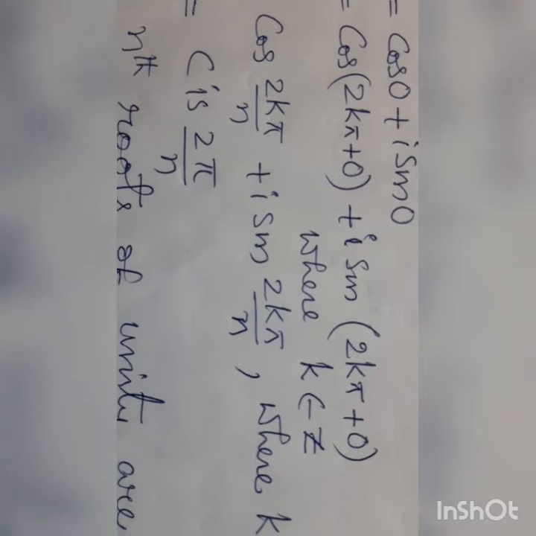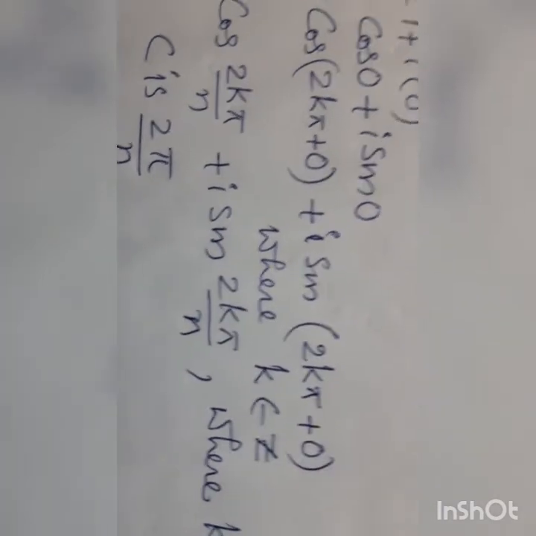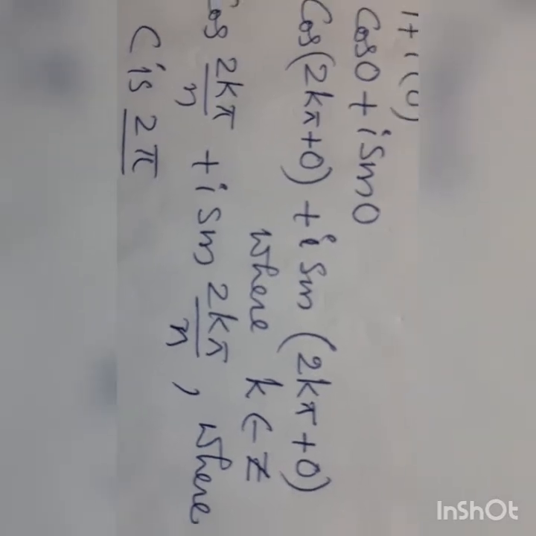So you have to use 2kπ, always 2kπ only. Cos(2kπ + 0) plus i sin(2kπ + 0). What is k?